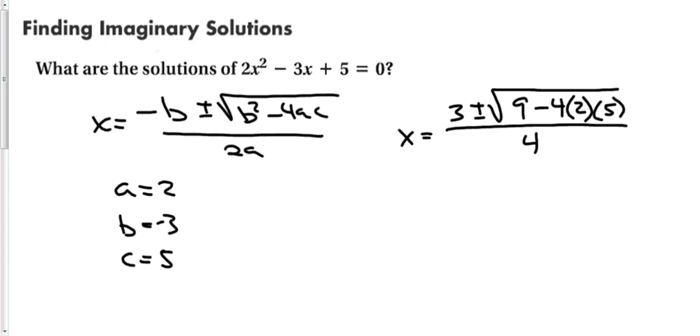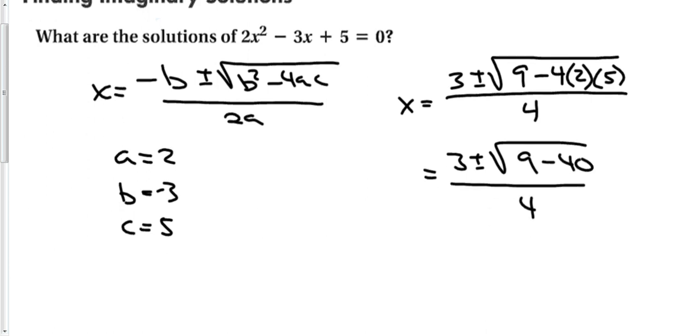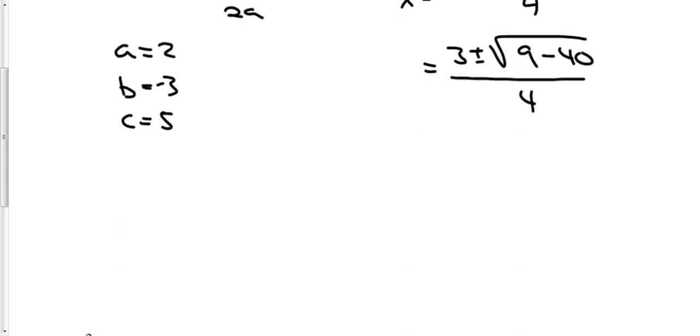Okay. Next, we have 3 plus or minus the square root of 9 minus 40 over 4. Well, that's 3 plus or minus the square root of negative 31.